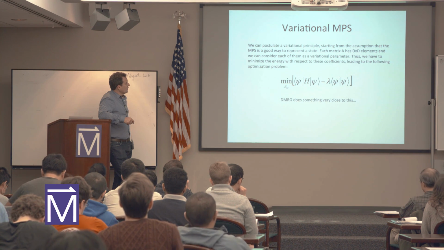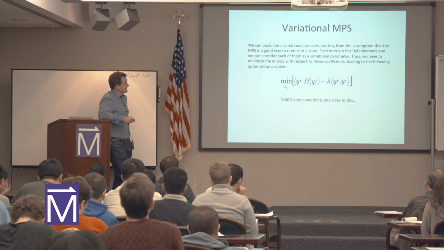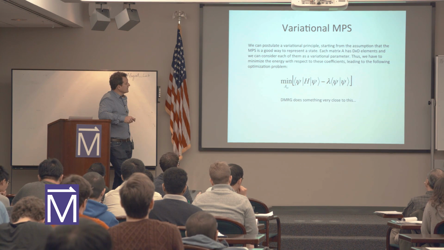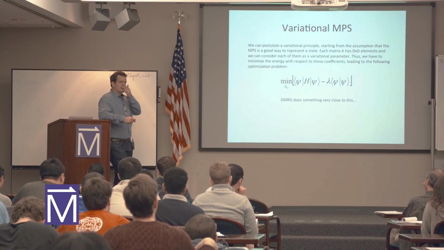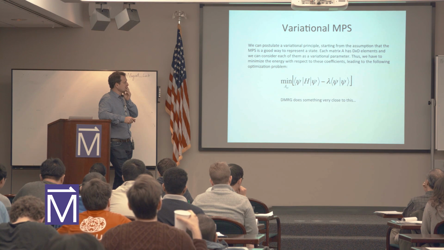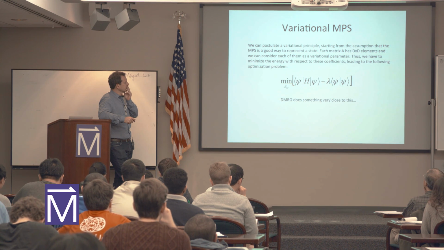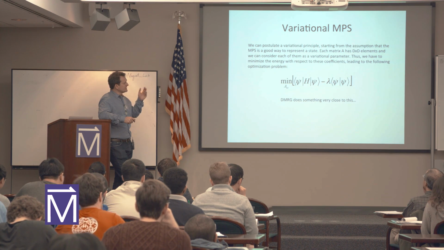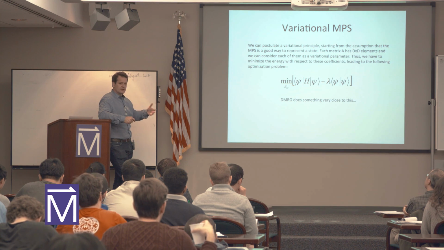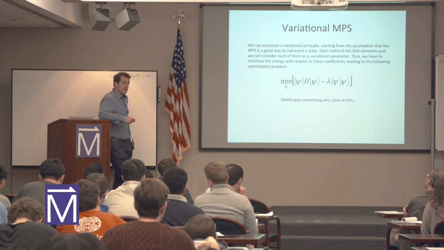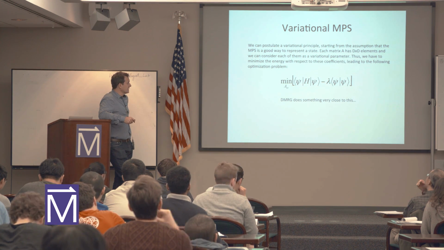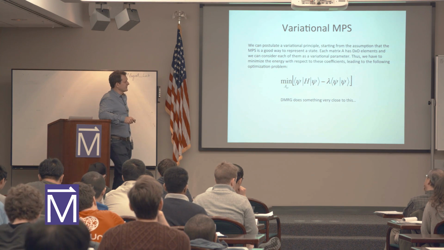So when you do matrix product states, you still have to do contractions and singular value decompositions and so on and so forth. But what you're basically doing is a variational minimization.